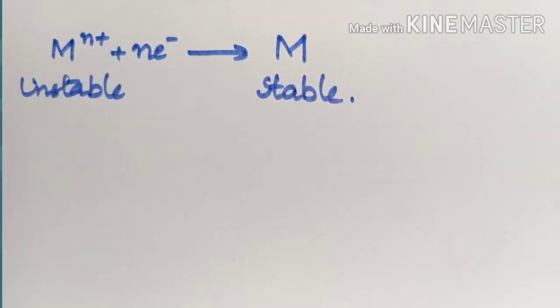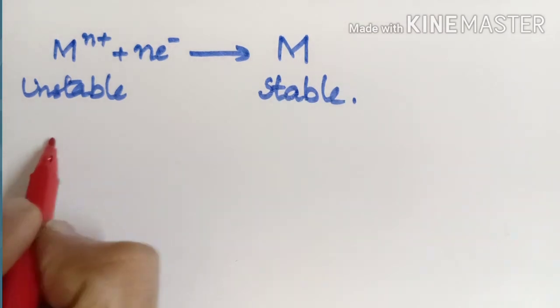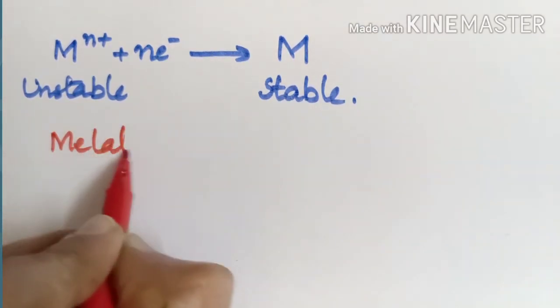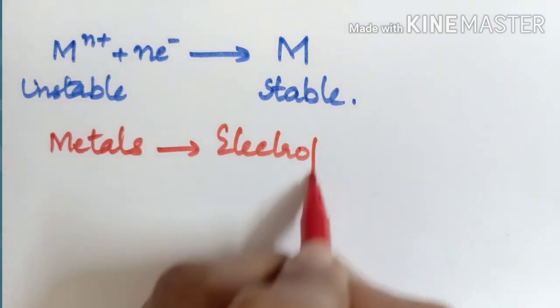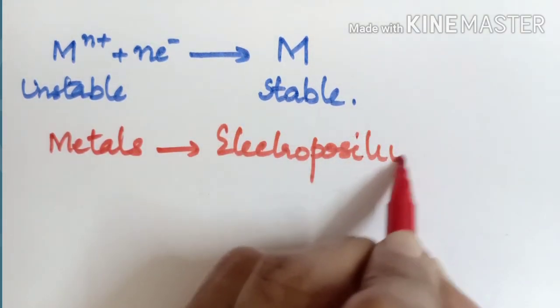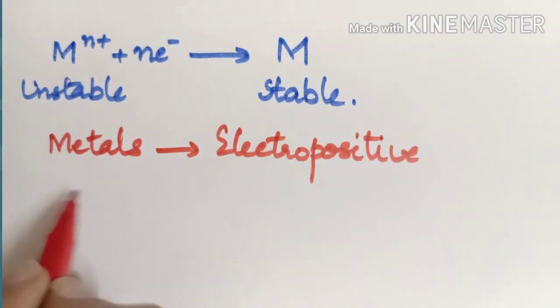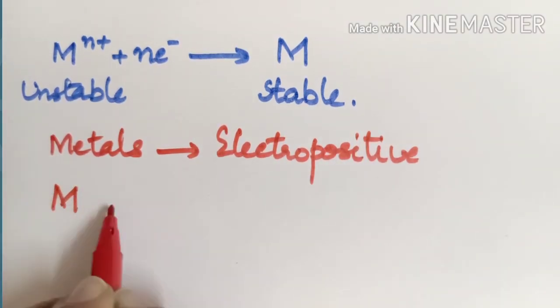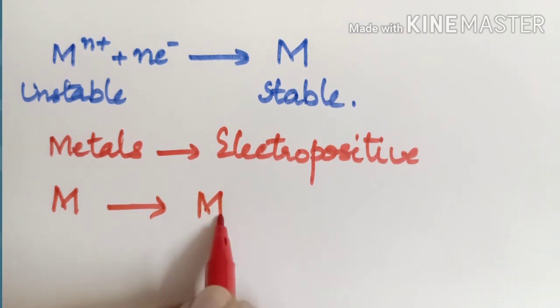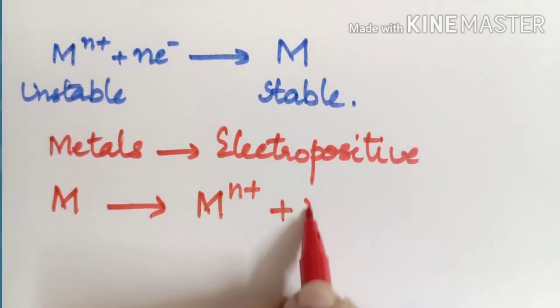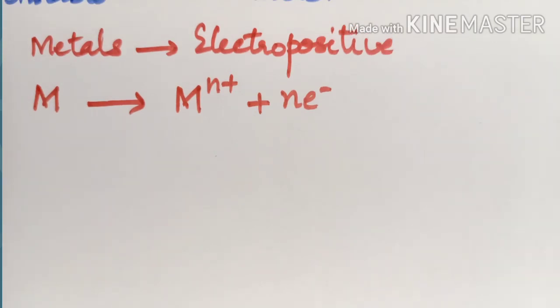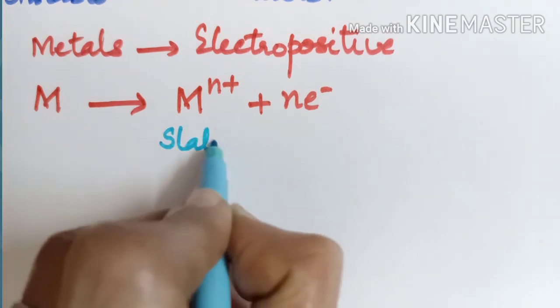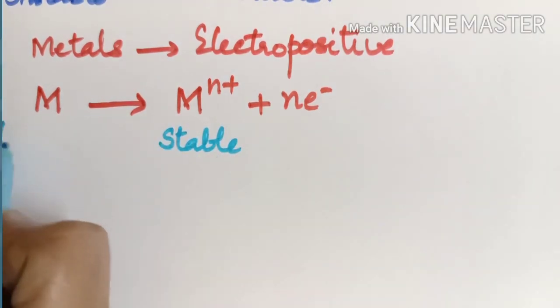But we know all metals are electropositive. That is, they easily give away electrons, forming metal ions and electrons. So the configuration will be stable for the ions compared to that of the metal.